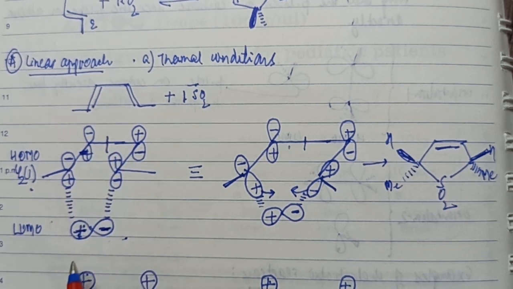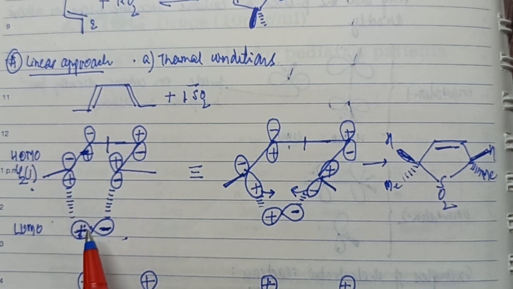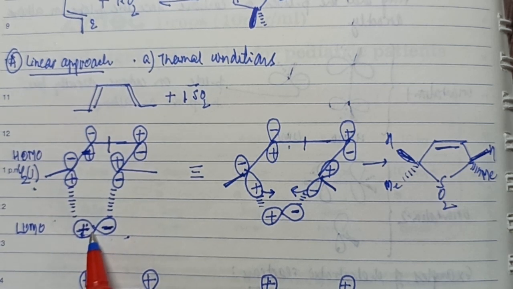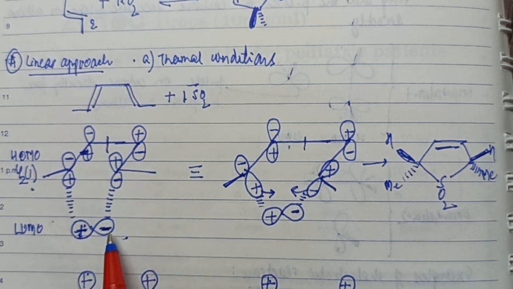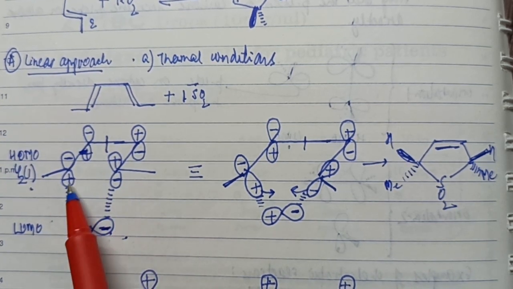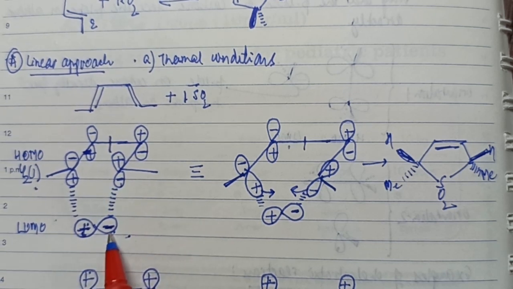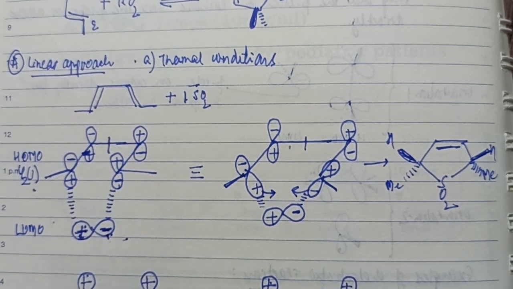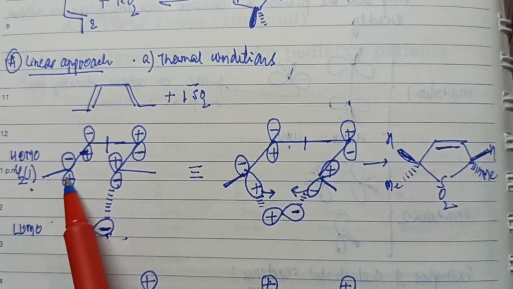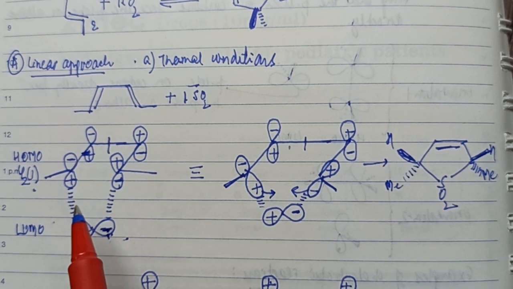Now if you follow the bonding interaction between this lobe and sulfur dioxide's lobe, you can see that the lower face is showing bonding interactions. Plus is interacting with plus, minus is interacting with minus. Therefore, when this cyclizes, this lobe will form a bond with this lobe, and this one with that one.